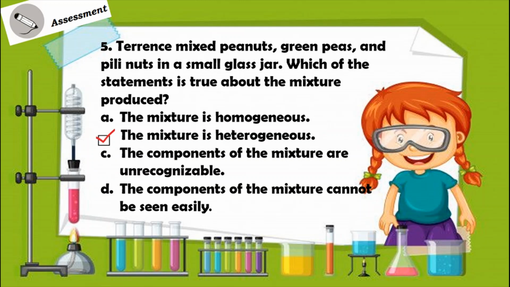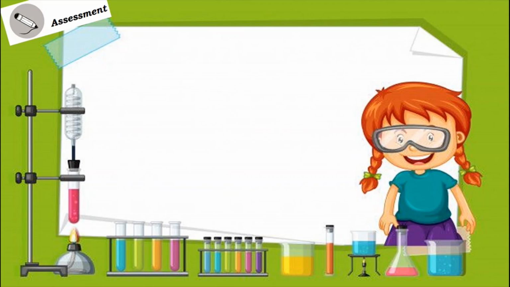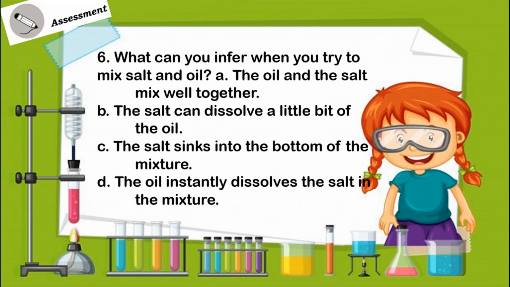Correct answer is the mixture is heterogeneous. When parents mix all the substances like the green peas, the pili nuts into a glass jar, but still we can easily see the mixture. The mixture is heterogeneous.